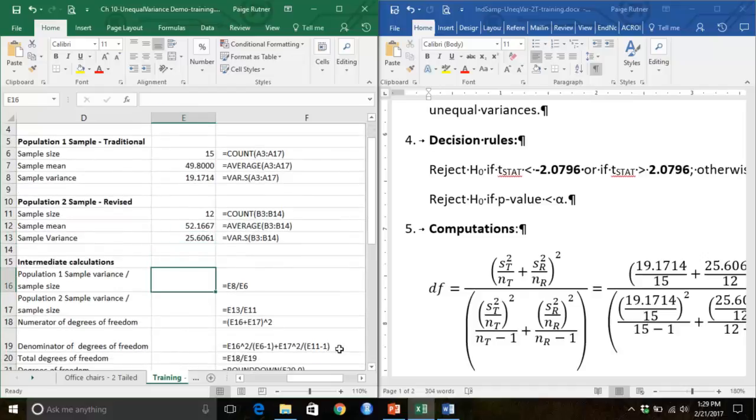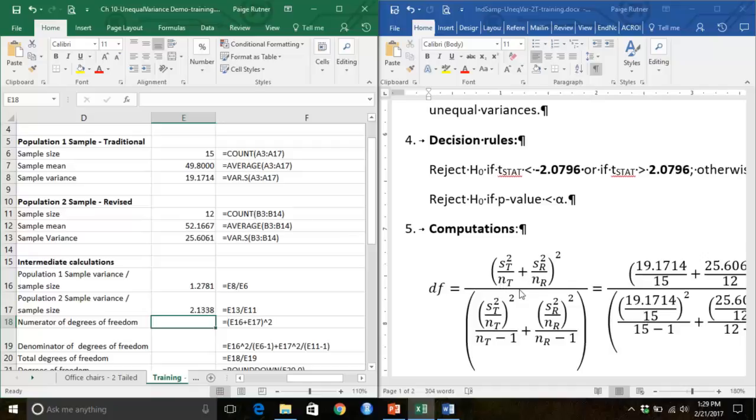So first thing I want to do is compute variance divided by sample size for population 1, or sample 1. And then the same thing for sample 2, variance divided by sample size. So that's easy enough. Numerator of degrees of freedom, that's referring to the numerator of this equation that you see over here.